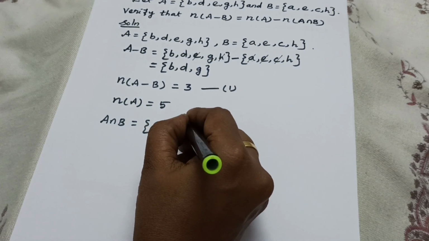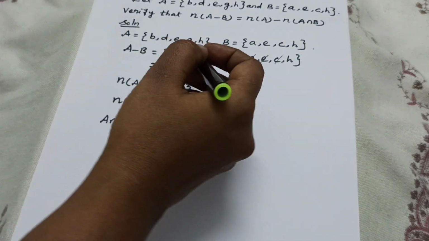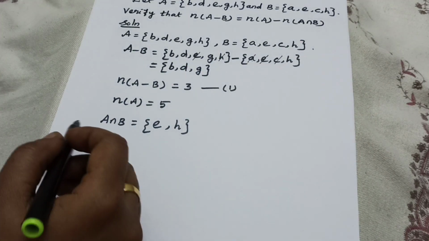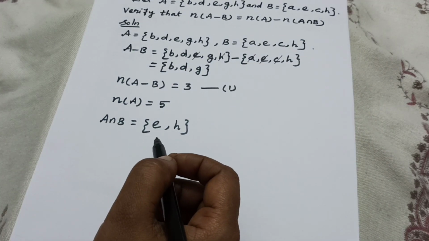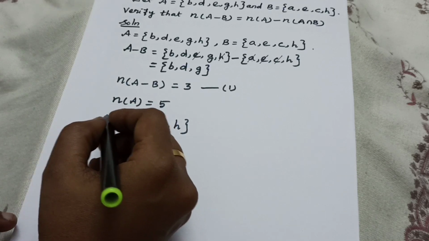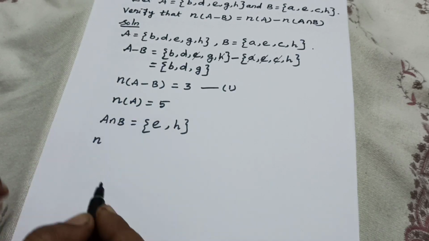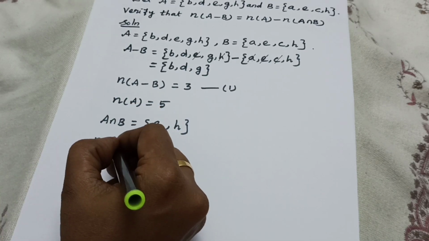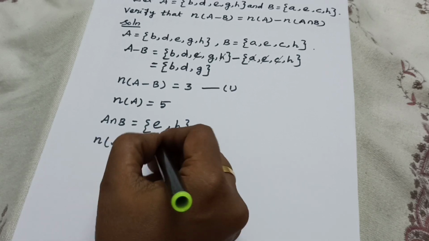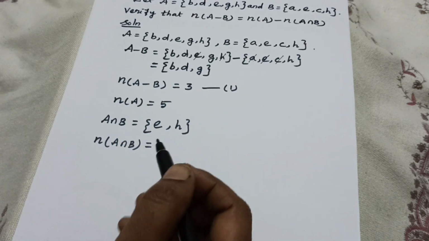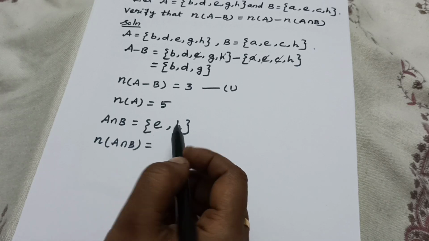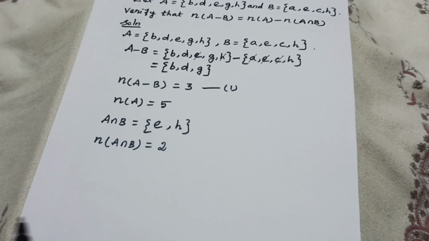Then height is there, isn't it? Then any other? No. Okay. This intersection is E and height. Then next we have to find n of A intersection B. n of A intersection B is equal to, say everyone, 1, 2. How many elements? 2 elements.